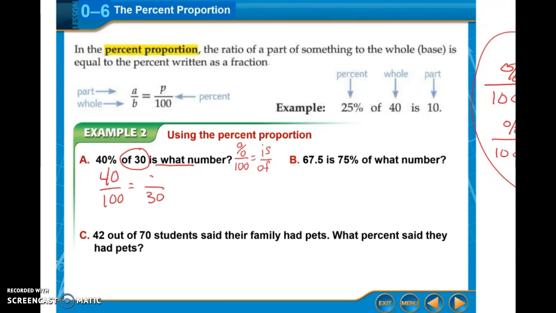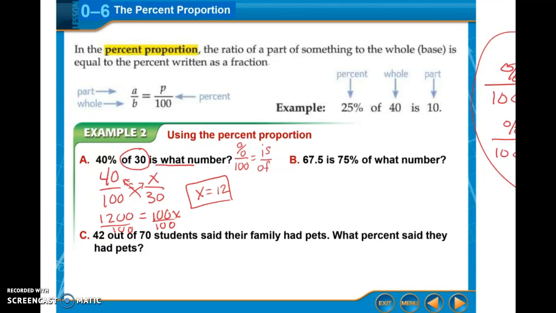Is what number? We don't know, so we put an x up there. So now to solve this, we're going to cross multiply. You could reduce first if you want to, but I'm just going to cross multiply. You get 1200 equals 100x, then divide by 100 on both sides, and you would end up with just x equals 12.